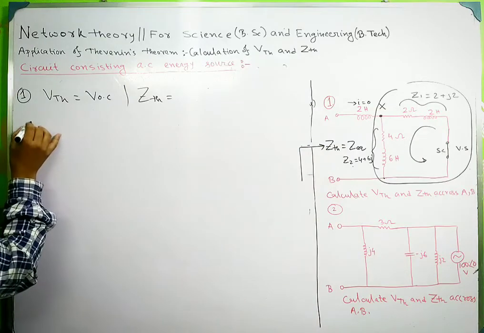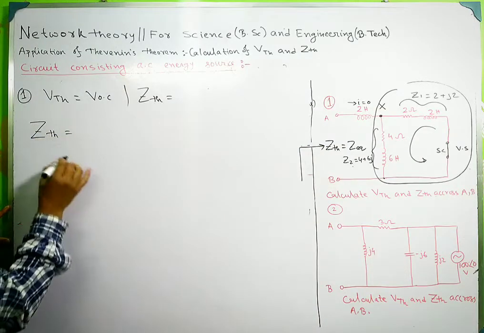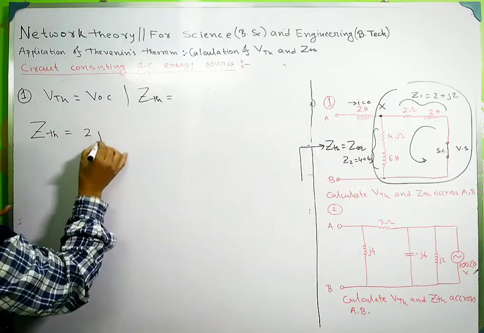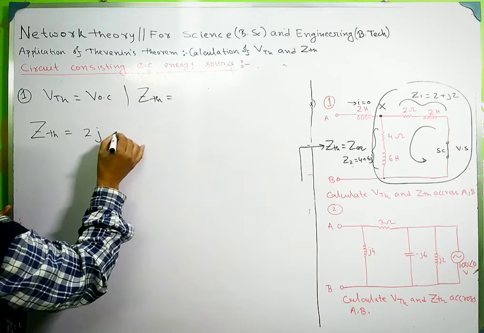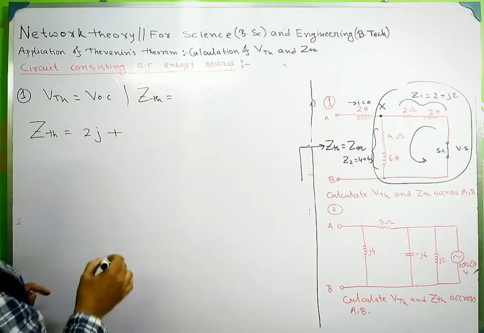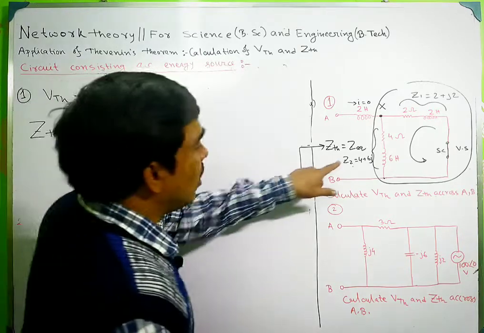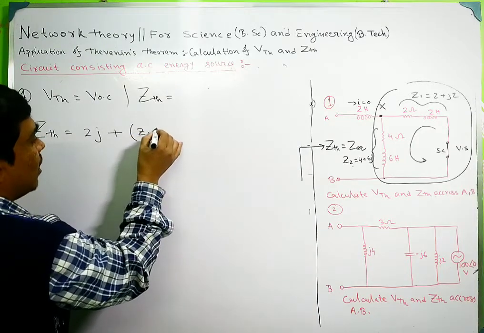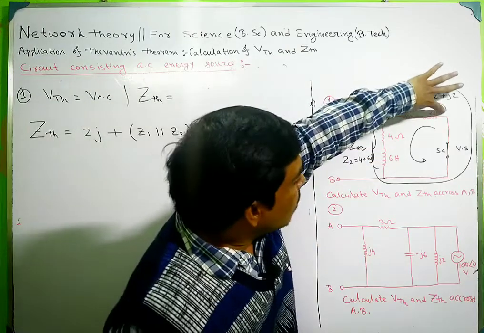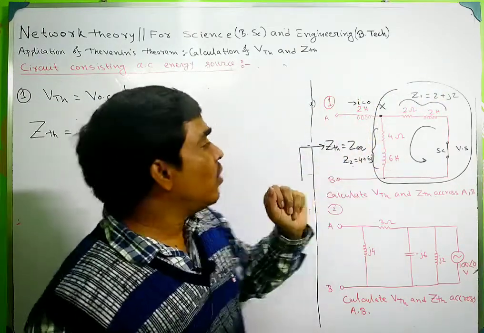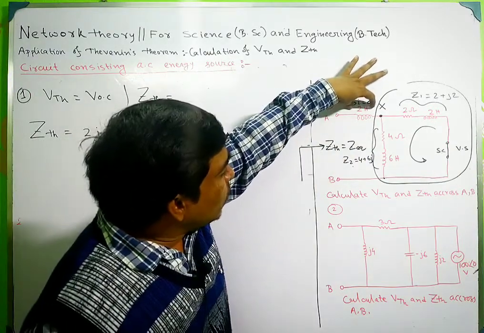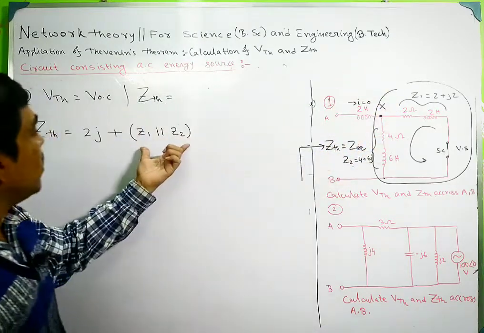So ZTH equals this 2J in series with Z1 and Z2 in parallel. This and this portion are in parallel. So this is Z1 parallel Z2, and this 2 Henry is in series with this resultant.